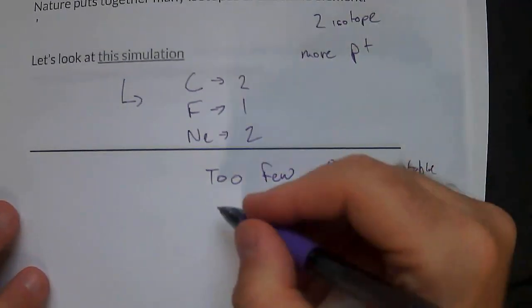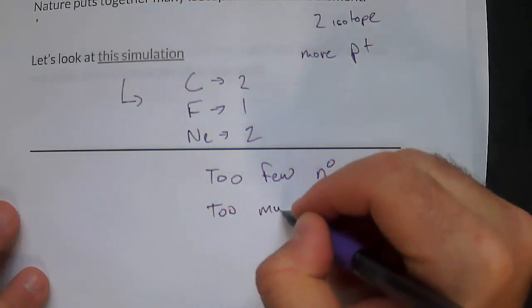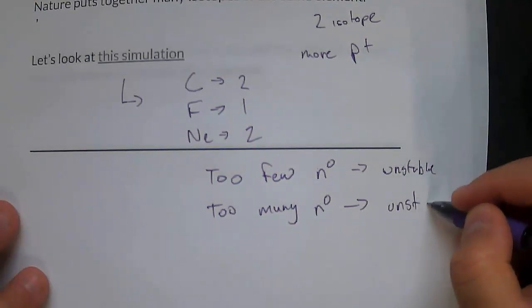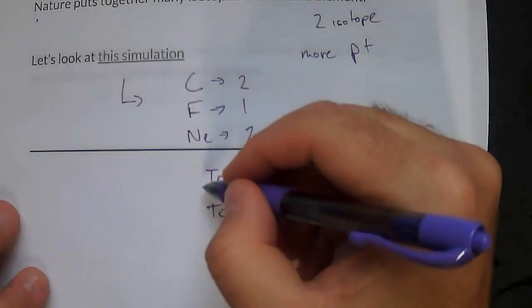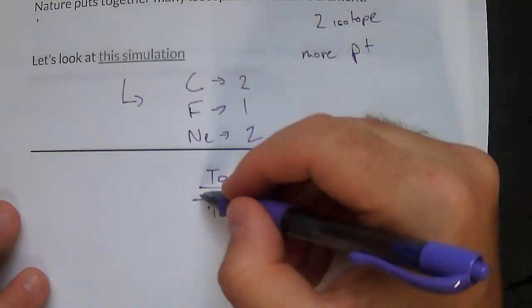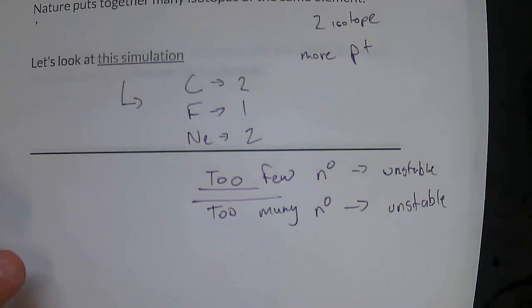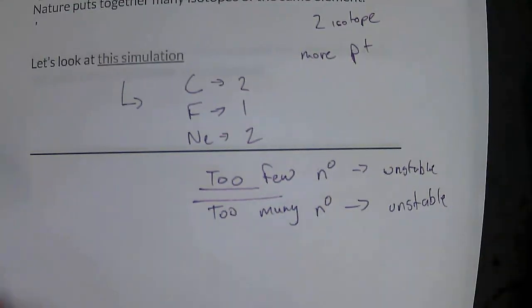And if you have something with too many neutrons, you're going to have something that is unstable. So there is this band of stability where you may have 1 or 2 isotopes that occur naturally, or if you have elements with a ton of protons, it's possible to have 10 or 12 isotopes that naturally occur because you have a bigger nucleus that can be more stable with bigger changes in the number of neutrons.